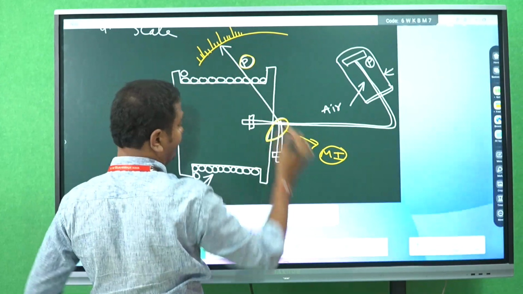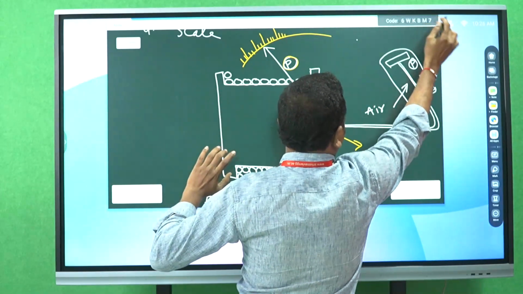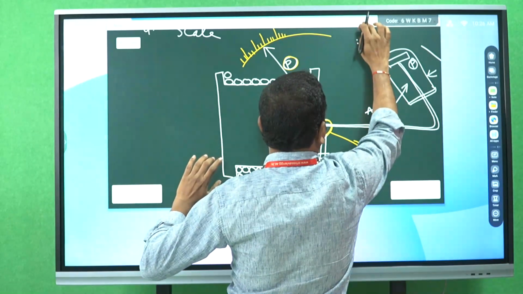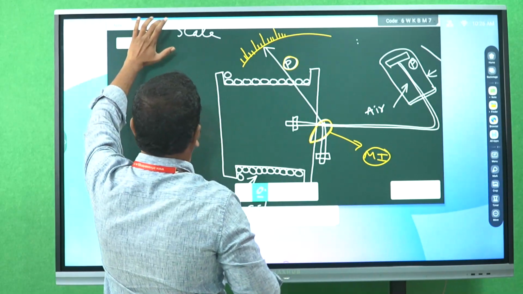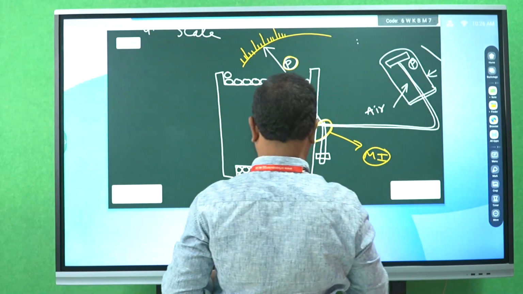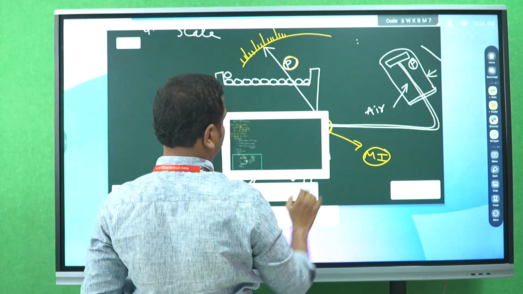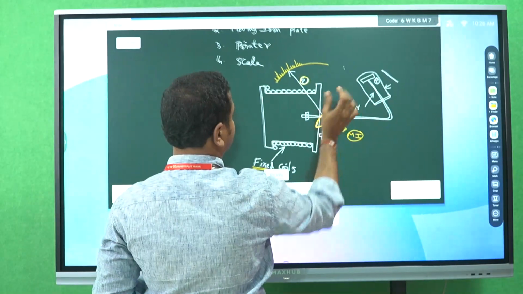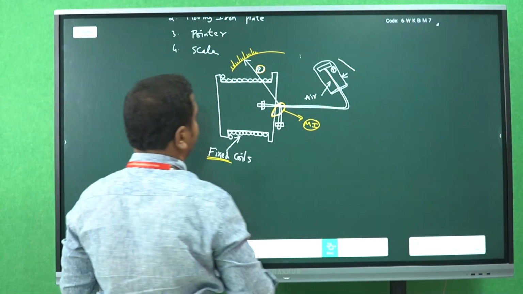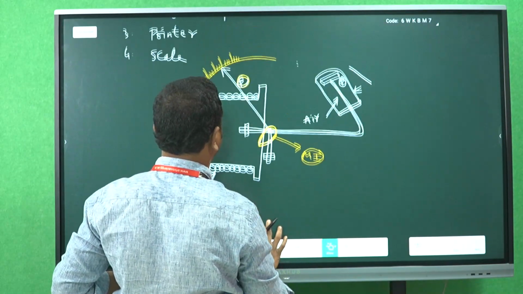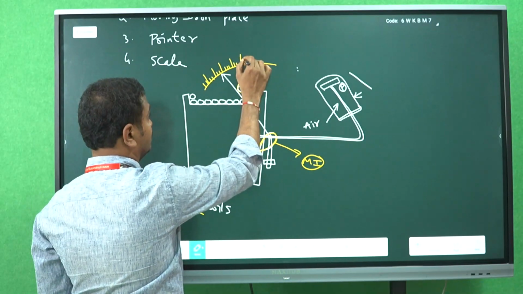So this is the pointer, and this is the graduated scale.